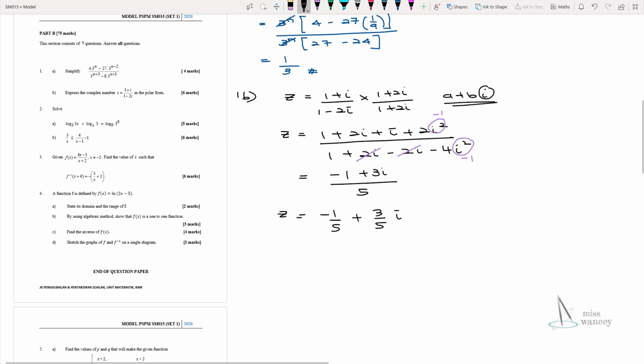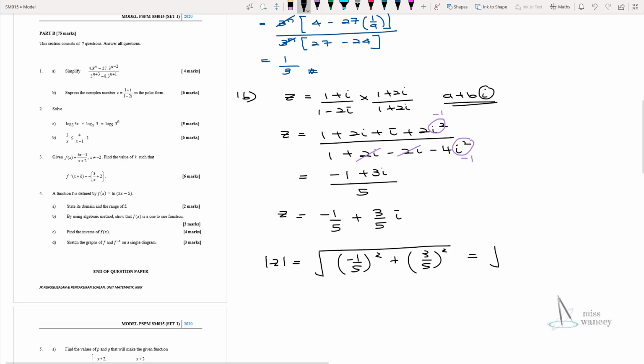So I have z equal to negative 1 over 5 plus 3 over 5 i. So my z is already in Cartesian form. Then I can easily calculate the modulus as well as the argument. Okay, so now modulus of z. So this is equal to the square root of negative 1 over 5 squared plus 3 over 5 squared.